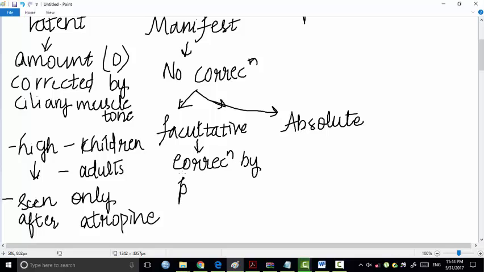The patient tries to correct it. So that is facultative manifest hypermetropia.